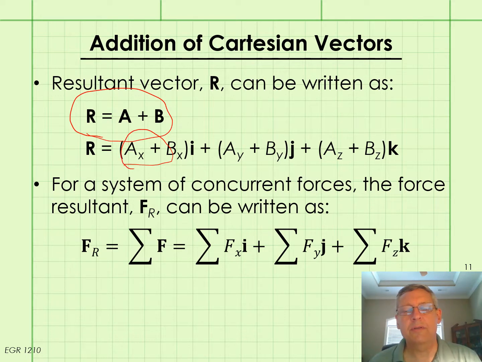In this case, we just have A and B, adding all the J terms of the individual vectors together, and adding all the K terms of the individual vectors together. So really no different than our 2D process. We just added this third dimension here.